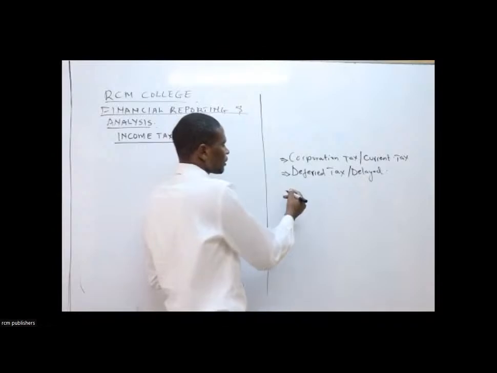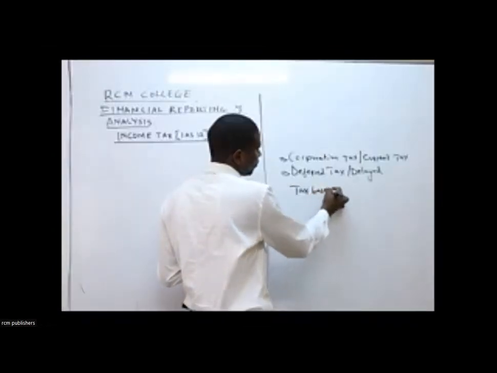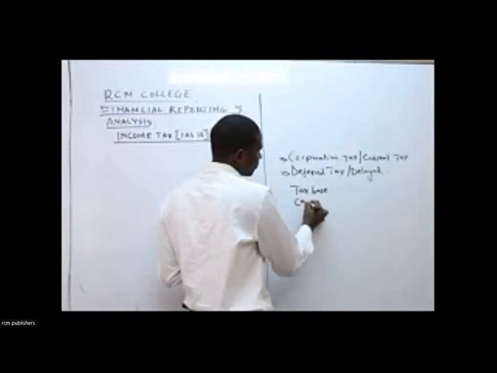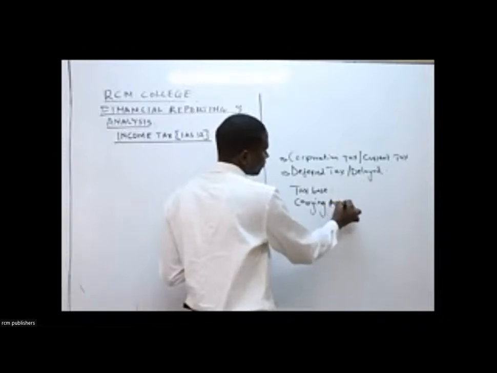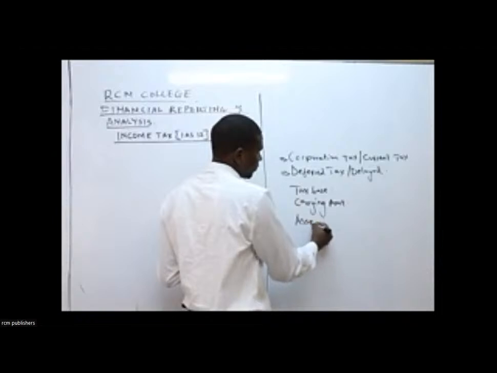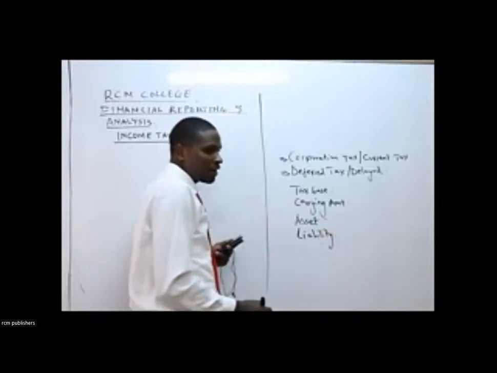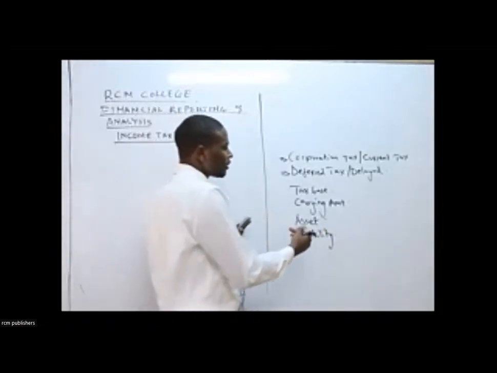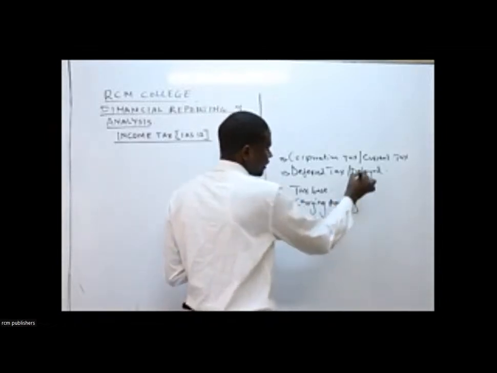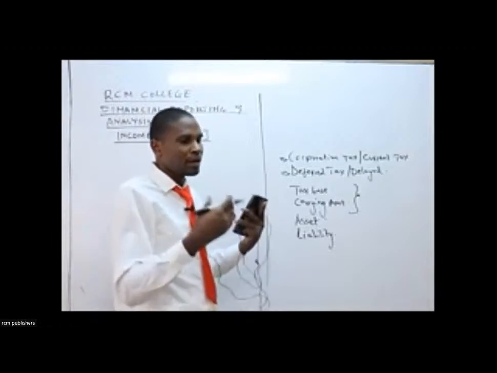So some of the terms that you're going to find: what is the tax base, and what is the carrying amount? Then you need to identify whether you are dealing with an asset or a liability, so that at the end of the day, the taxman will be able to identify whether what you have is taxable or not taxable.